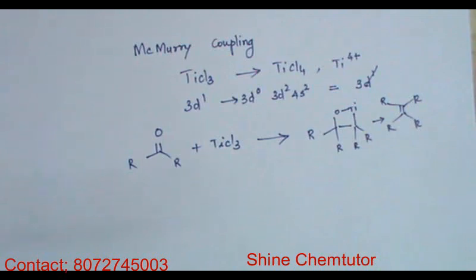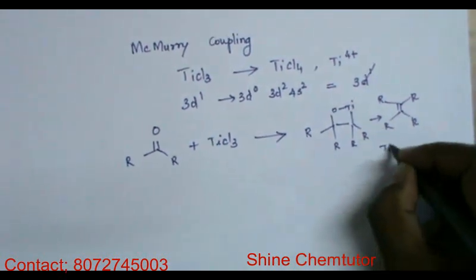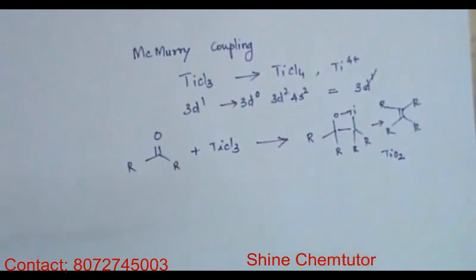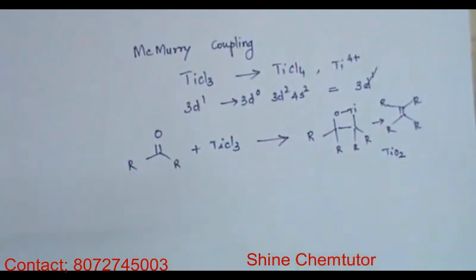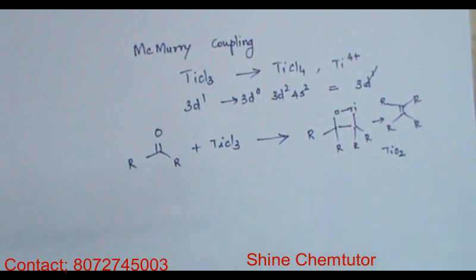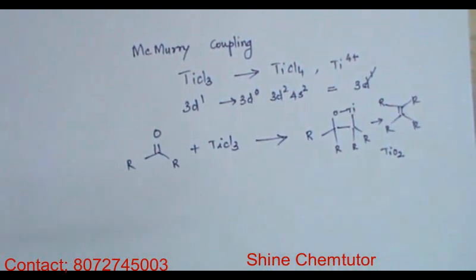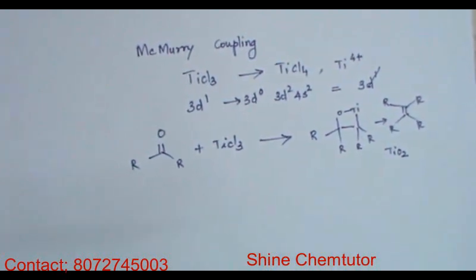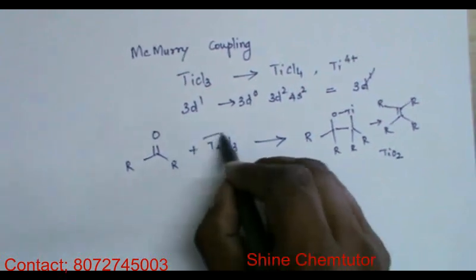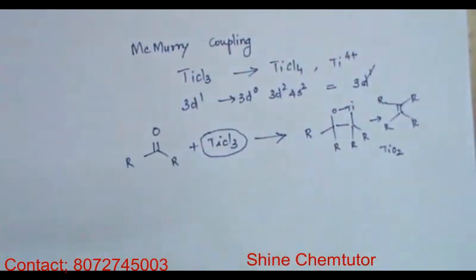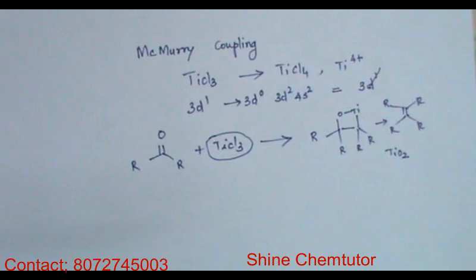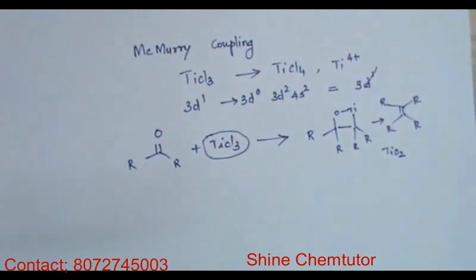So they undergo coupling to give this product. It will eliminate titanium dioxide and we get the alkene. So ketones are converted into coupled alkenes by treating with titanium trichloride. In this particular case, we are not using metal. We go for a less stable salt.